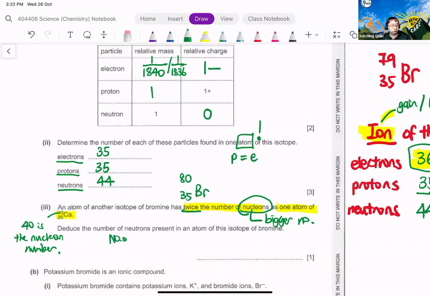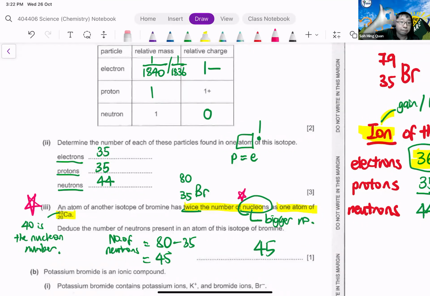The number of neutrons will be the bigger number, 80 minus 35, which gives you 45. So this one is challenging because many students didn't know what nucleons meant. Nucleon number is just the bigger number of the two numbers, okay? So twice the number of nucleons, twice of 40, that's 80, okay?